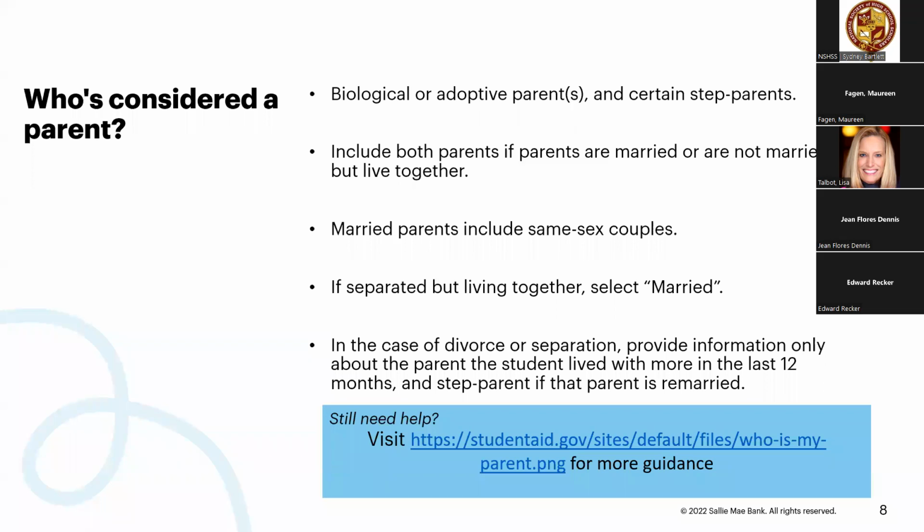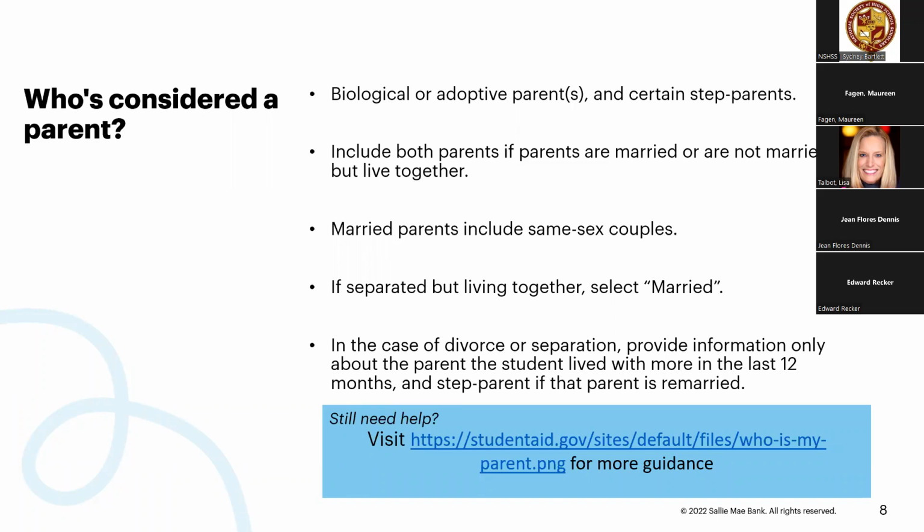Just to piggyback on that, when the FAFSA only needs information from one parent, it would be parents who are legally separated or divorced, not remarried, and live separately. In this scenario, the student would put the parent who provides more than 50% of the support for their student.